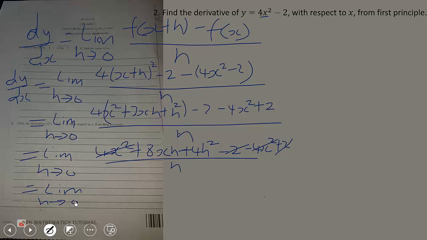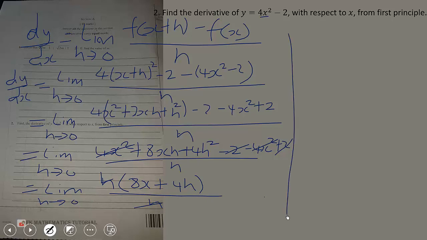Let me factor h out into brackets: 8x plus 4h, all over h. So this h will cancel this.